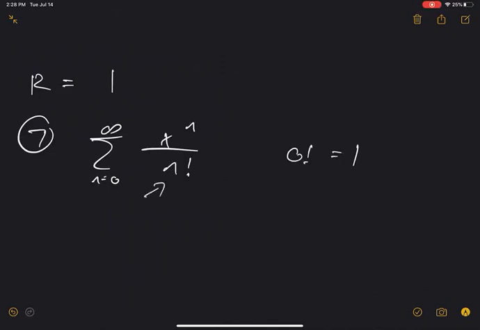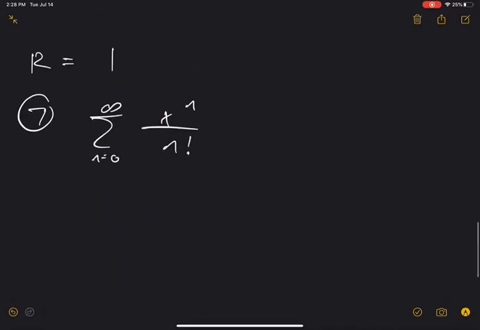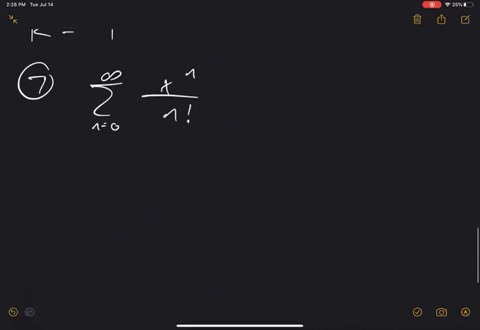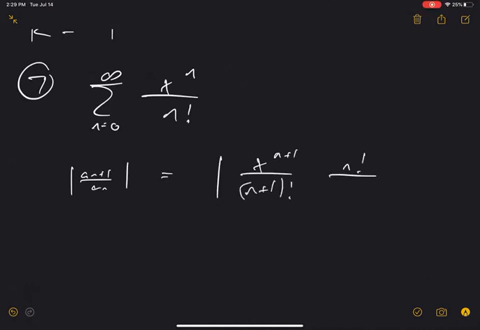So starting our series at 0 doesn't give us a problem there. Okay. So again, I'm doing the ratio test. Then I'm simplifying.